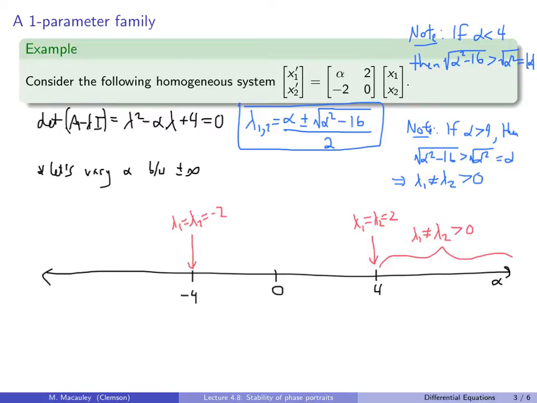So if we're over here, now we have a really small number, like say negative 20, plus or minus something that is less than 20. So in that case, both of these roots are going to be negative. So lambda 1 and lambda 2 are going to be different, and they're both going to be negative.